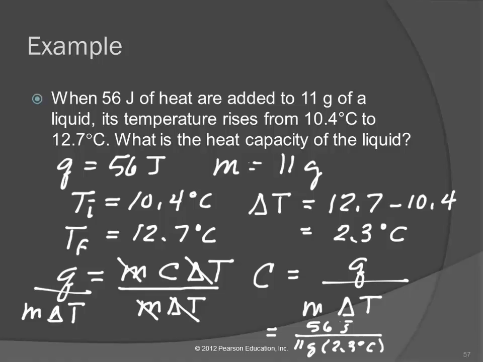How many significant figures should that have? 2. I'm going to write it over here. C equals 2.2. The units are joules per gram degrees Celsius.